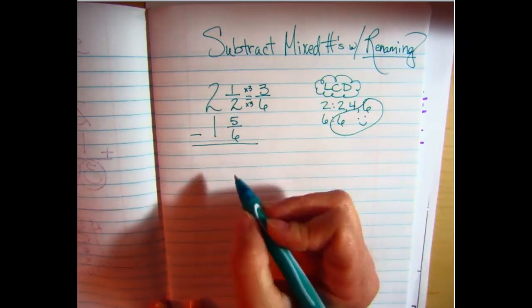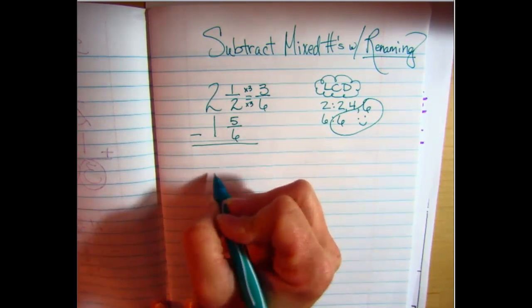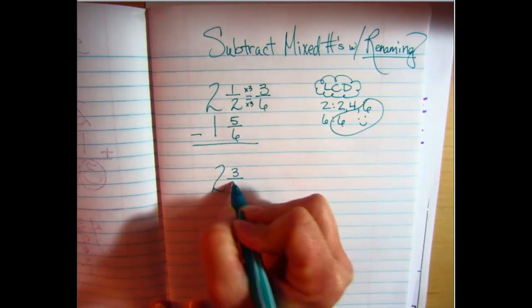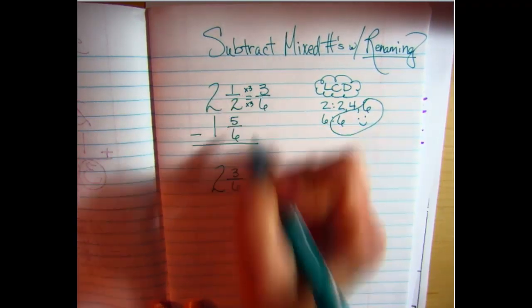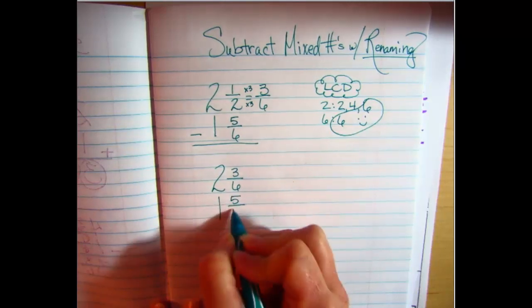So I'm going to ask you guys, when you get to these problems, I want you to rewrite your problem again. You'll see in a second why I want you to do this. So I'm going to rewrite it: 2 3/6 minus 1 5/6.